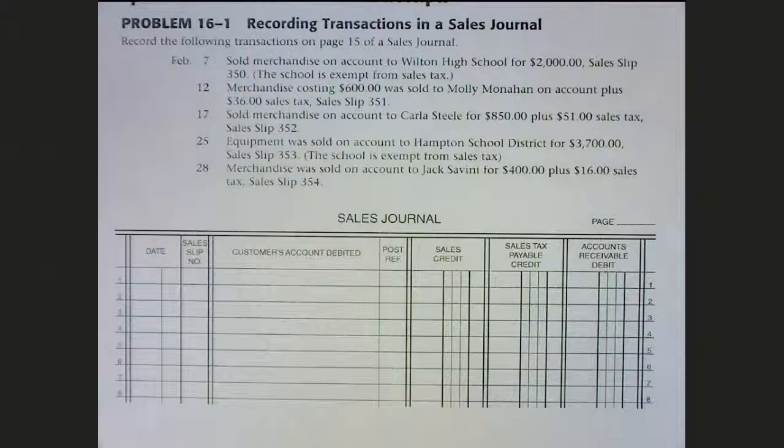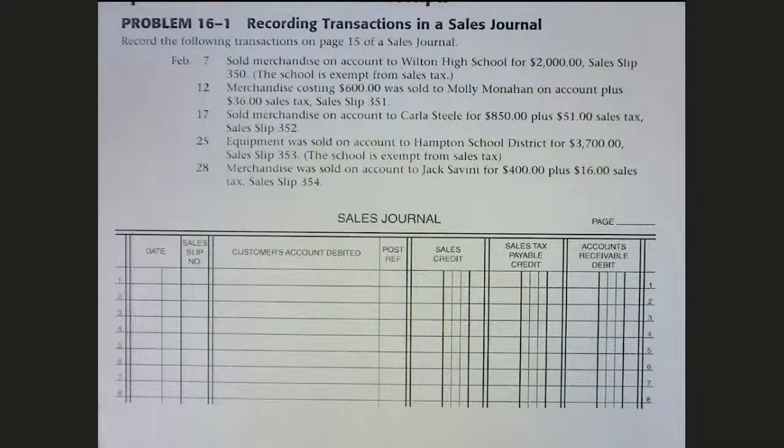The sales journal is used for all transactions involving the sales of merchandise on account. All of those transactions utilize the same accounts: sales, sales tax payable, and accounts receivable.